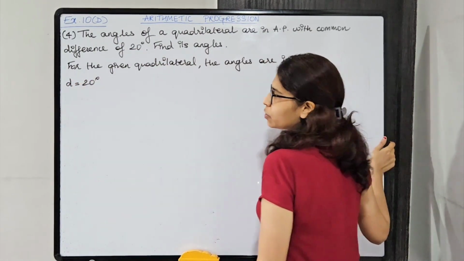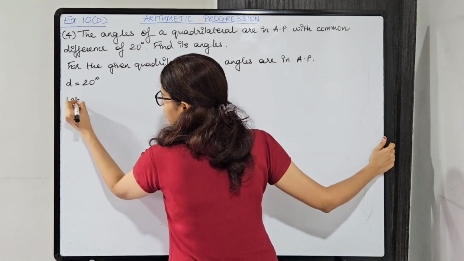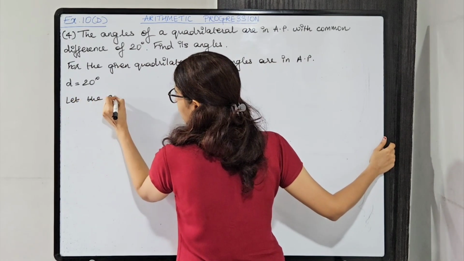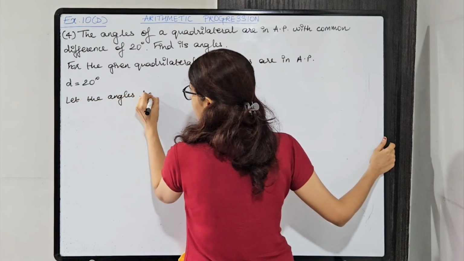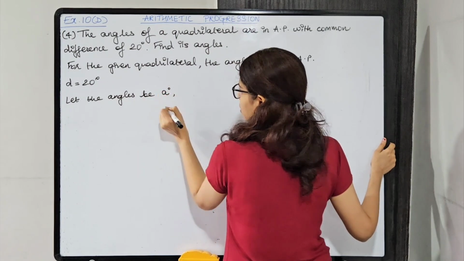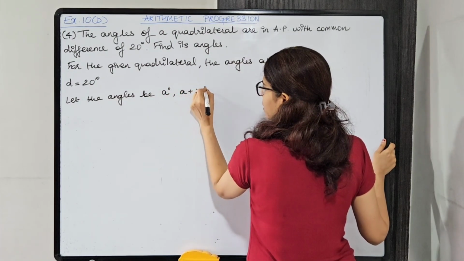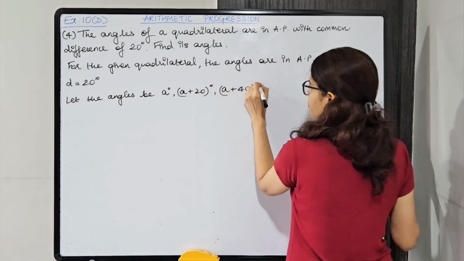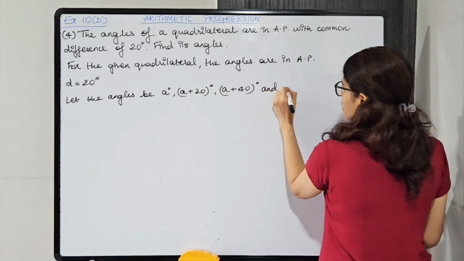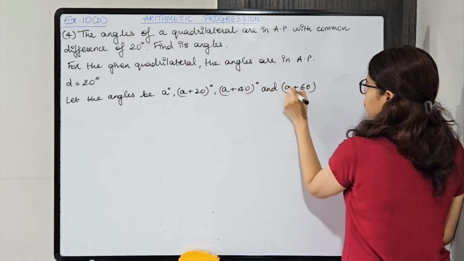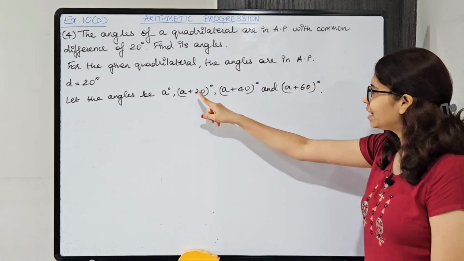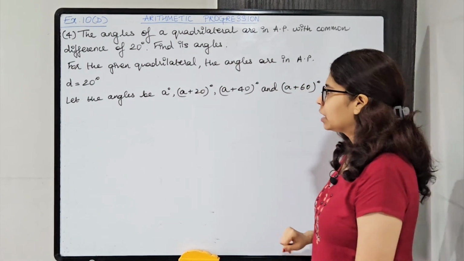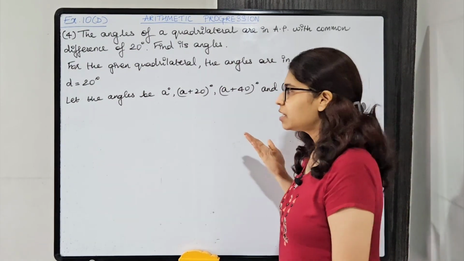So let the angles be A, A plus 20, A plus 40 and A plus 60. Put a degree sign. All right. Now sum of all angles is 360 degrees.